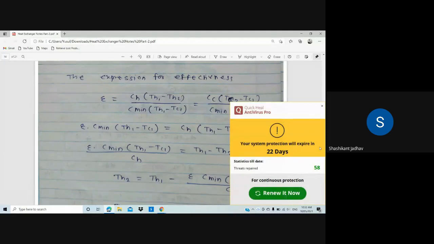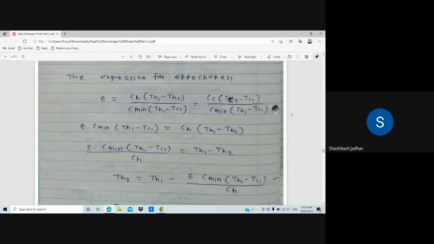Okay. So by the simplification of the first equation, epsilon is equal to CH into bracket TH1 minus TH2 divided by C minimum into TH1 minus TC1. If we simplify this, what will happen? Epsilon into C minimum into TH1 minus TC1 is equal to CH into bracket TH1 minus TH2. So all of you do the simplification from the first equation.